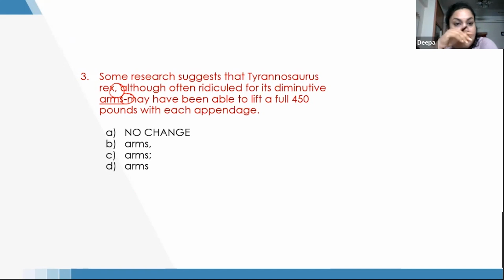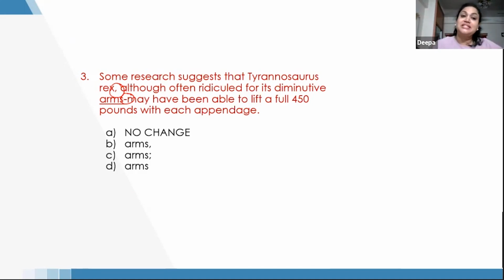Yes. Now, whenever there is some parenthetical element, you have to check whether that element is describing the noun or not. If it is not describing the noun, we cannot just remove it. But if it is describing the noun, then even without that, it will make sense.